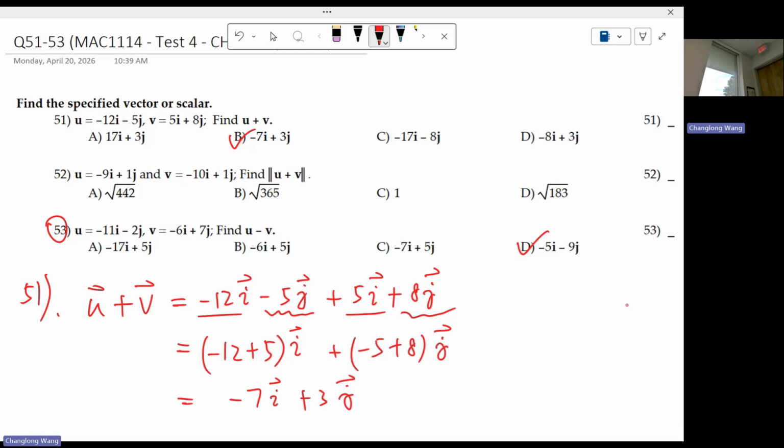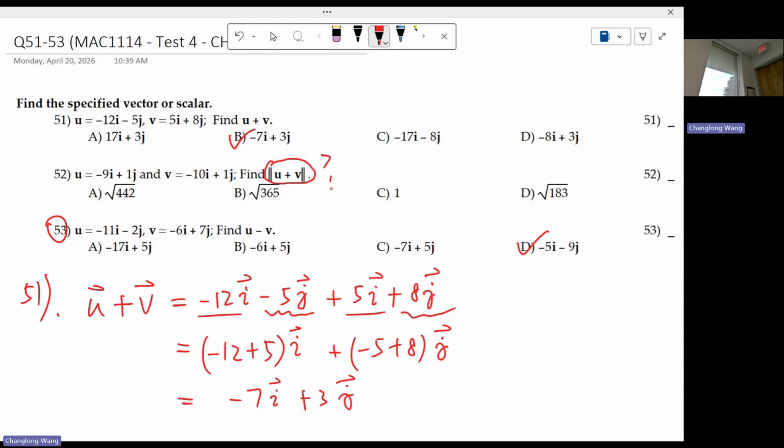But what about question 52? They want you to find the double bars enclosing u plus v. What is that? It's the magnitude of the sum of u and v. That means you should add up u and v the way we did, then find the magnitude of it.